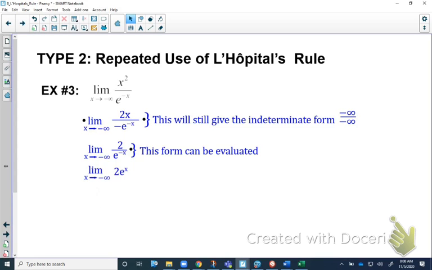Moving the e to the -x to the numerator using properties of exponents, now we can do our substitution. Well, e to the negative infinity is just going to go to 0. So 2 times 0 is 0.